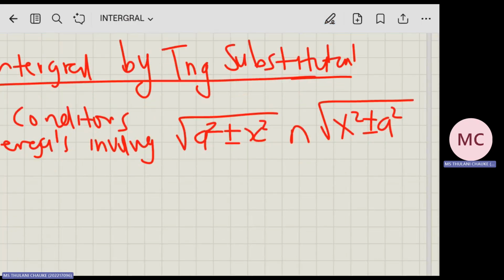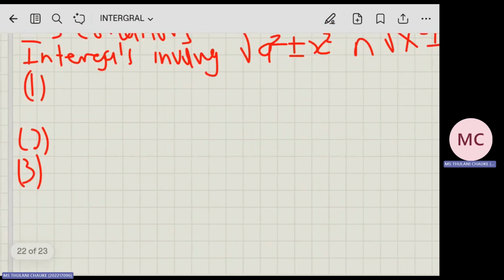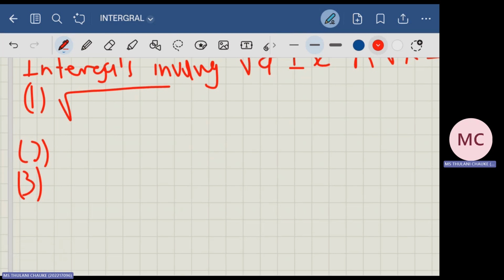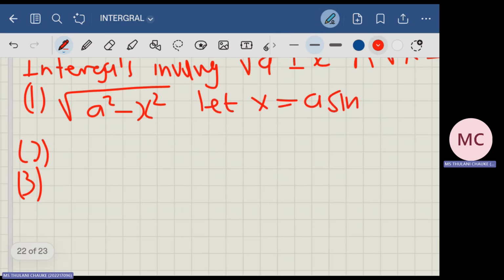So we're dealing with this kind of integrals. When you have got the root of a squared minus x squared in your integral, we're going to let our x be equal to a sine u.